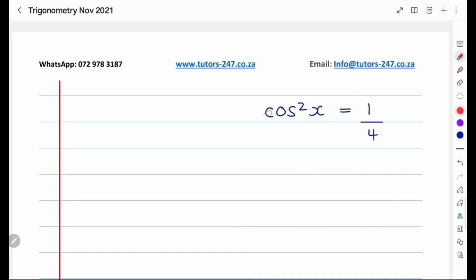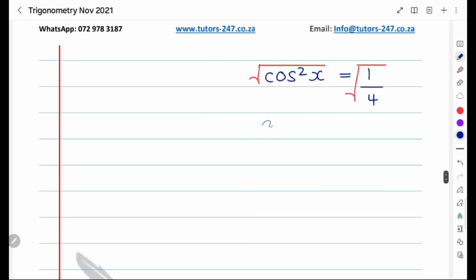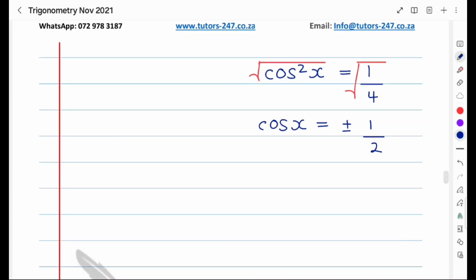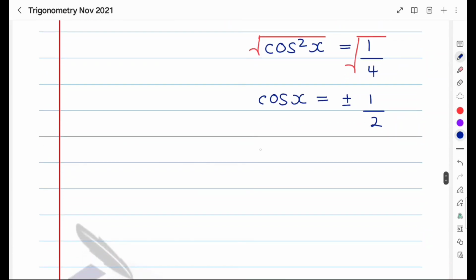From here, to get rid of the squared, we can square root both sides. However, keep in mind the original restriction stated that cos x has to be less than 0, meaning negative.